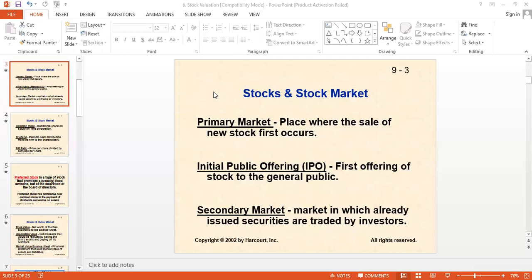What will they do with the capital which they are going to raise through the sale of shares? Where will that capital be utilized, and what returns, what profits are expected against those investments? All those details are mentioned in a prospectus.